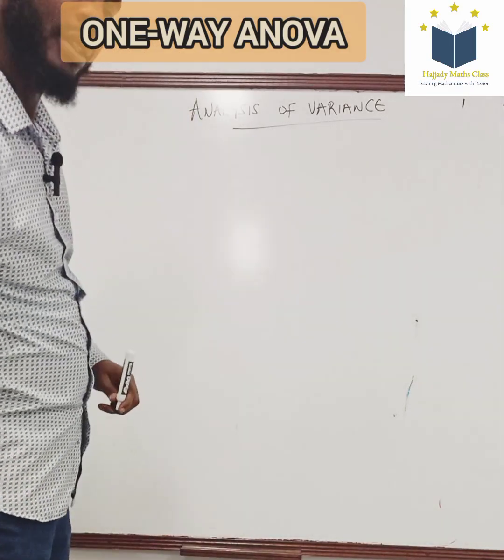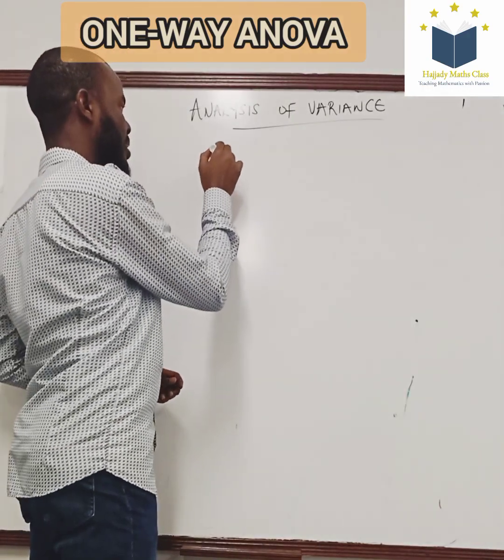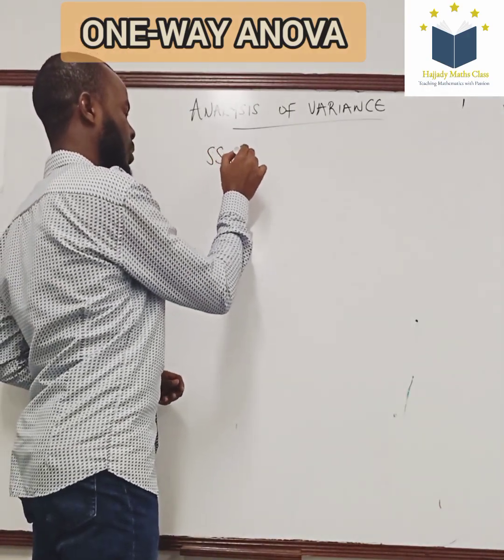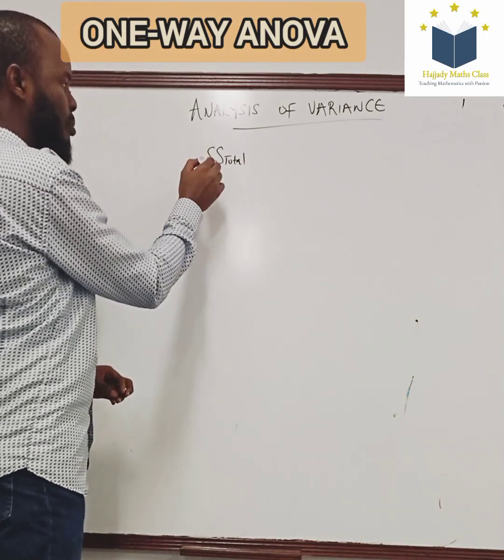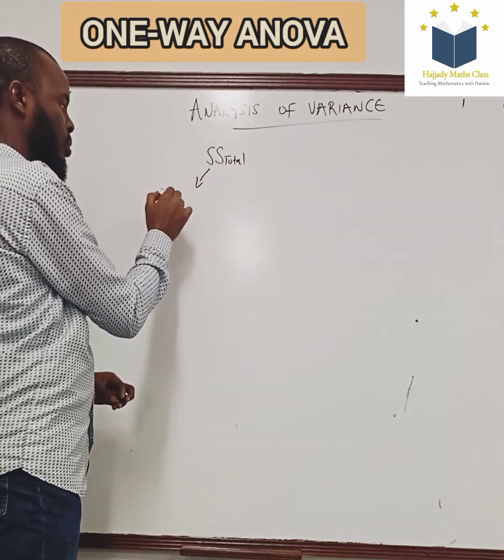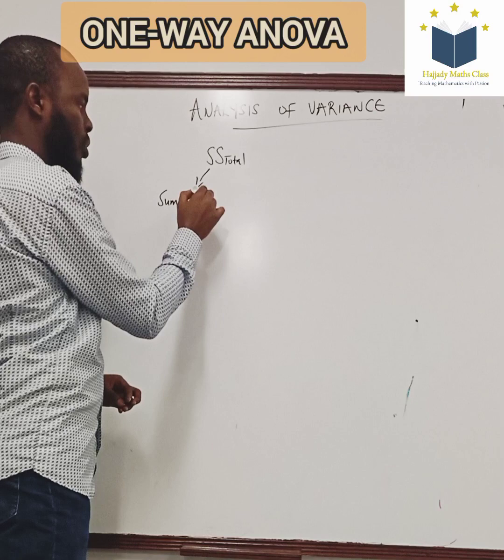Now, under the decomposition of the sum of squares, I have my SS total. When I use the word SS, this means sum of squares.